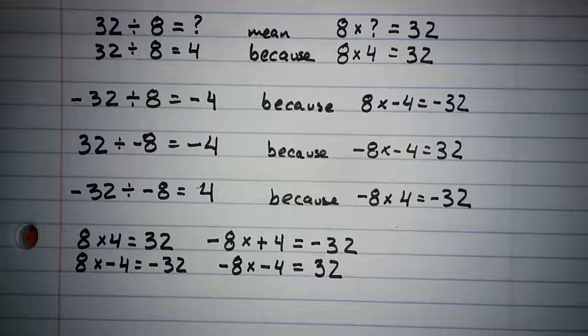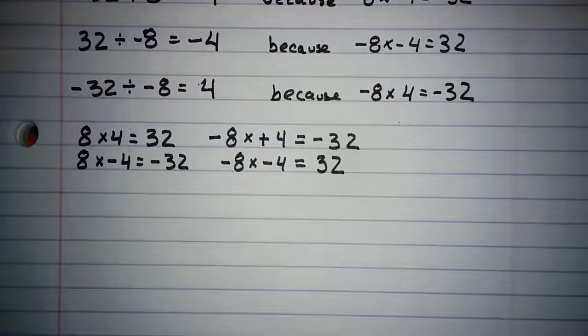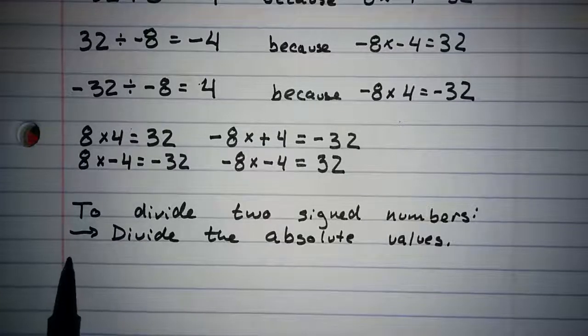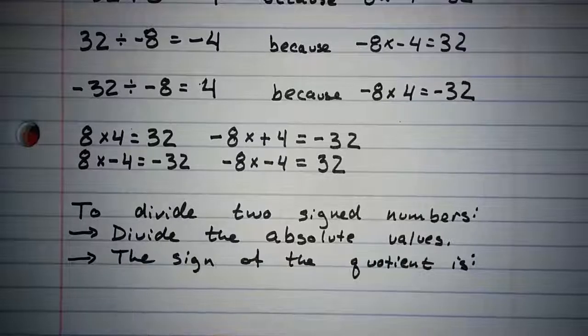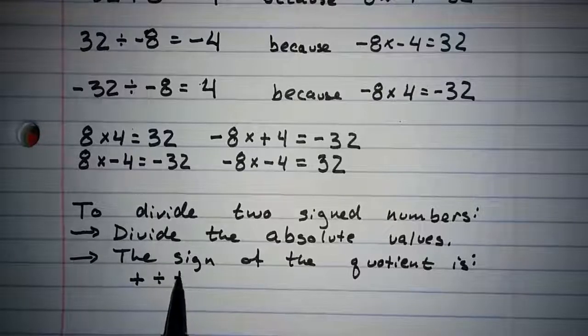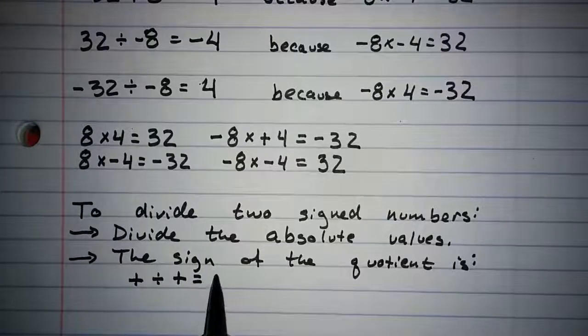Again, 4, 8, and 32 aren't magic here. Just like with multiplication, we have a summary of the signs. To divide two signed numbers, first divide the absolute values, and then the sign of the quotient is, well, of course, a positive number divided by another positive number is going to be a positive number.